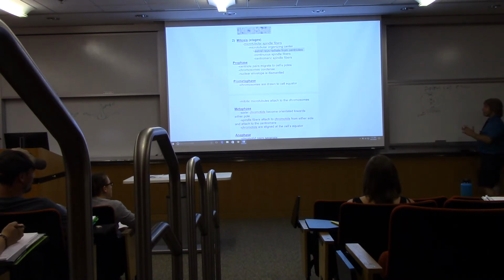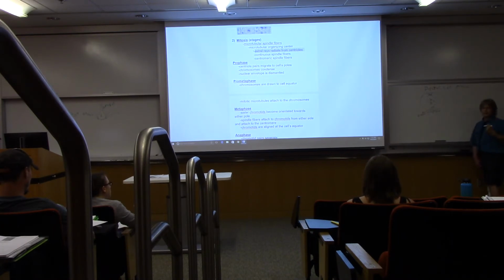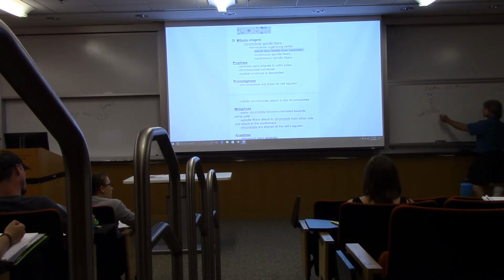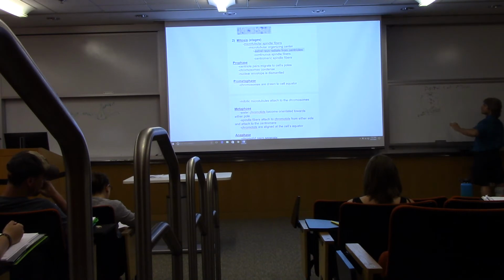Whereas around the flaccid membrane, these astral rays tend to give that rigidity to this animal cell. I'll talk a little bit more momentarily. Those would be the key aspects.